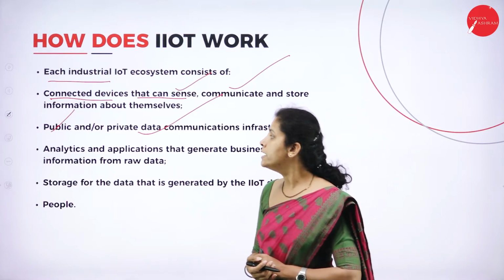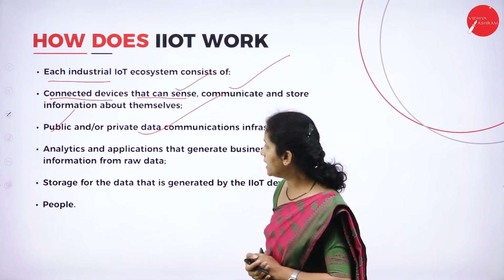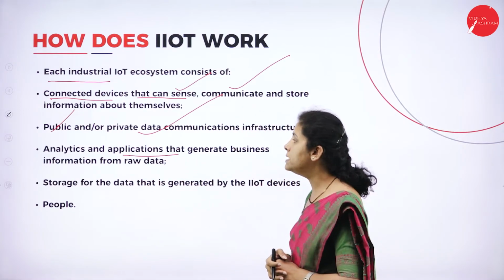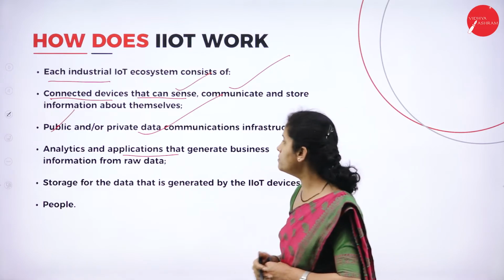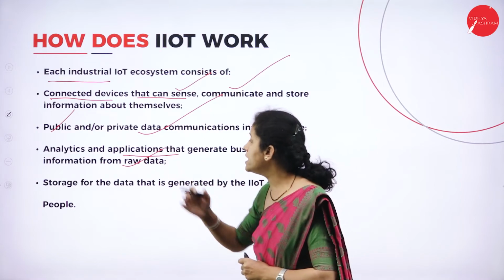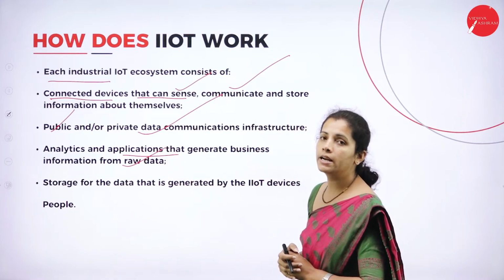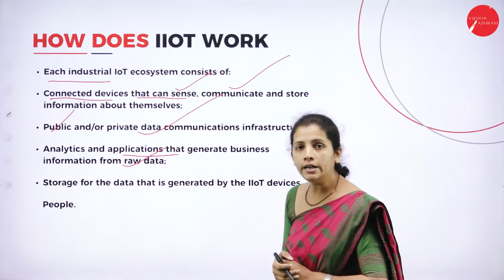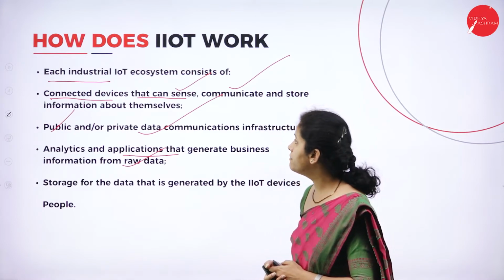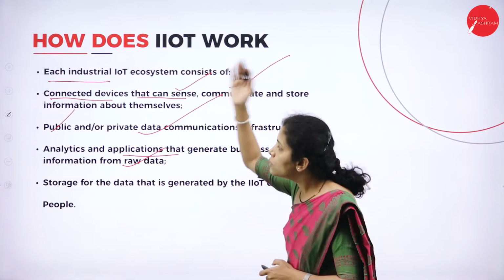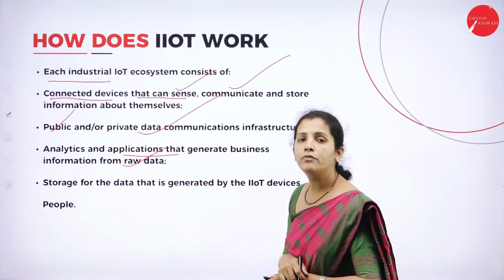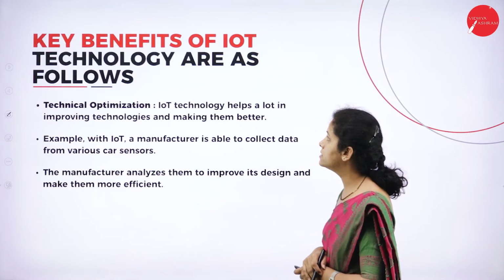Along with that, it includes analytics and applications that generate business information from raw data. The storage for the data is provided by Industrial Internet of Things storage devices. So these are the components of the Industrial Internet of Things ecosystem.